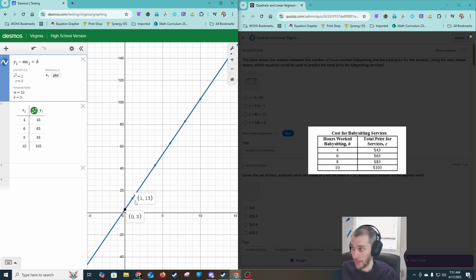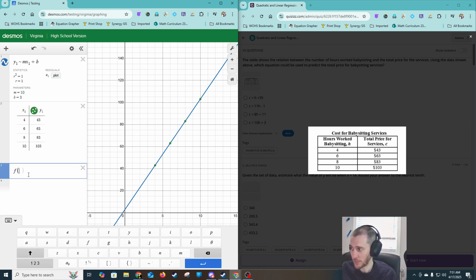That's where the m is coming into play. But all we care about is these values right here, m and b. So my function, f of x, is going to be m, which is 10, x, plus my b value, which is 3. So this will be the answer.